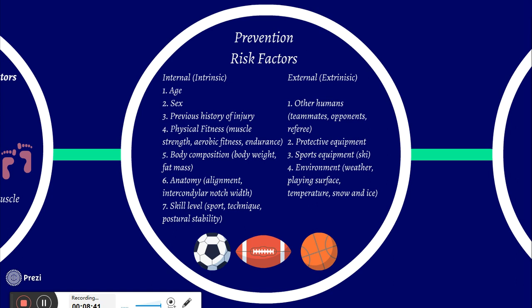Sports equipment like skis act on a lot of forces, changing your body biomechanics. Another key thing is the weather and environment: the playing surface, temperature, snow and ice can all play important roles in creating risk factors.